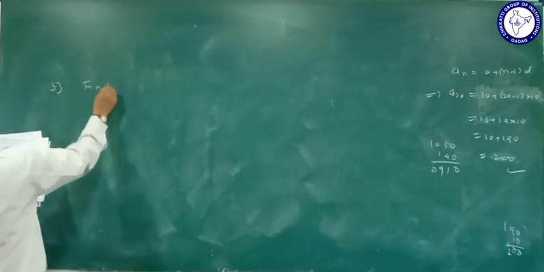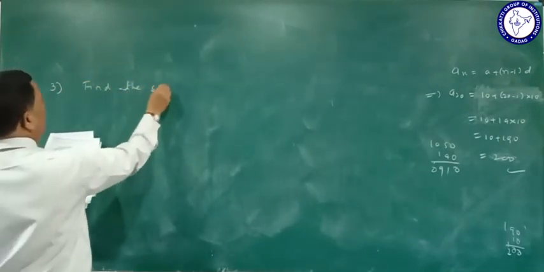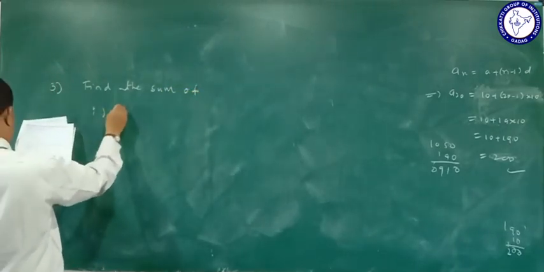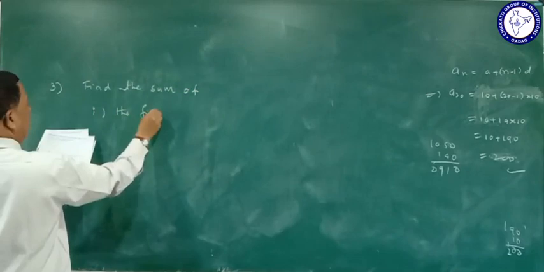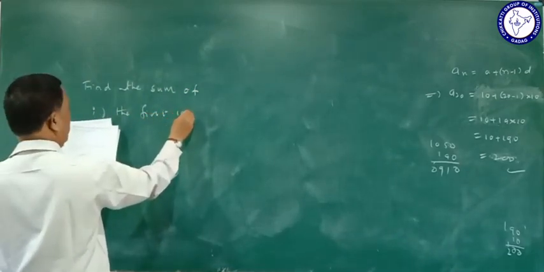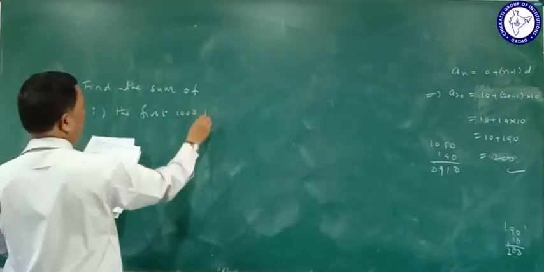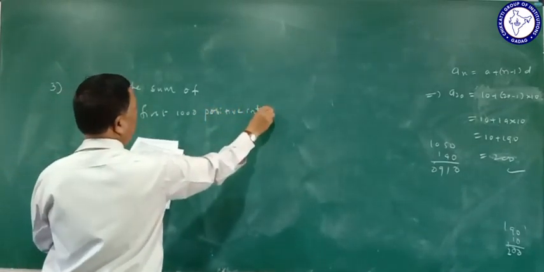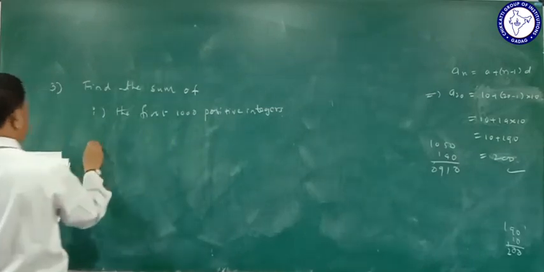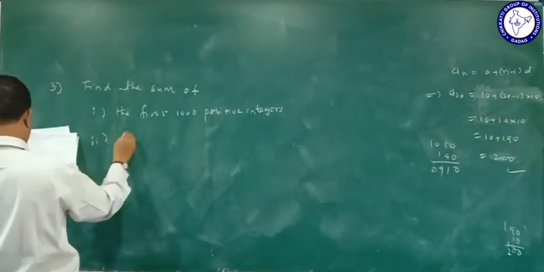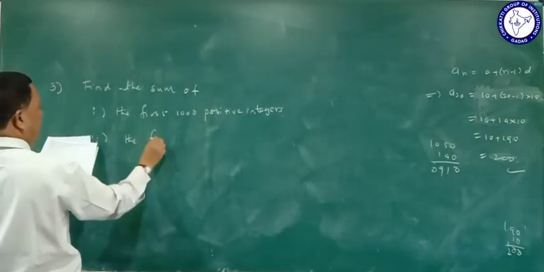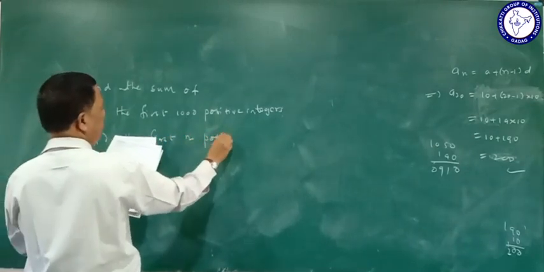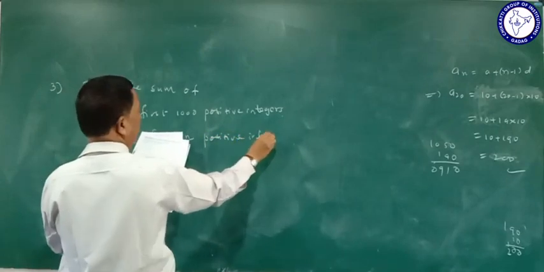Find the sum of: first, the first 1000 positive integers. Second, the first n positive integers.